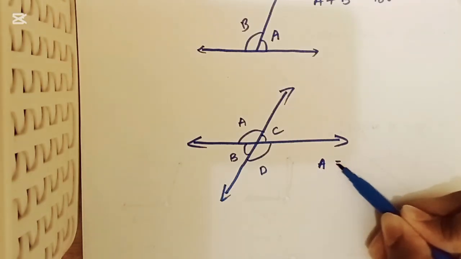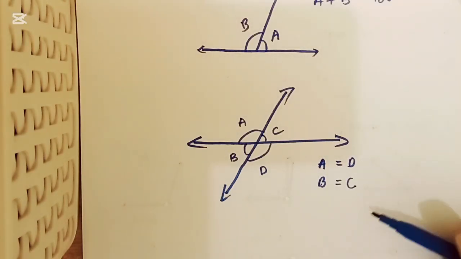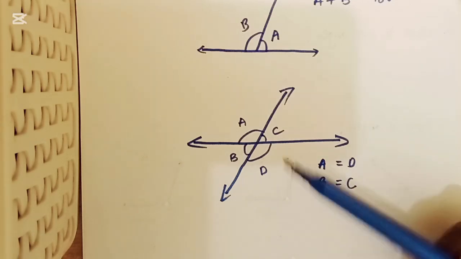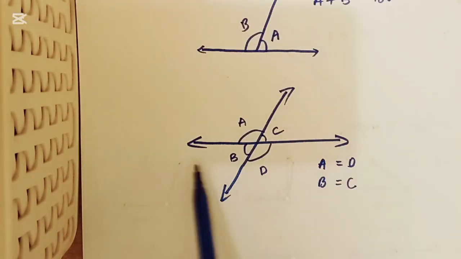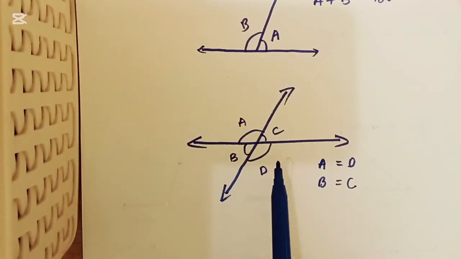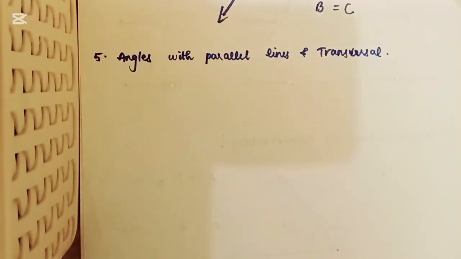So A is equal to D and B is equal to C. This is because they are vertically opposite. So angles that are made when two lines cross each other, whenever they are on opposite sides, are equal. These are vertically opposite angles.